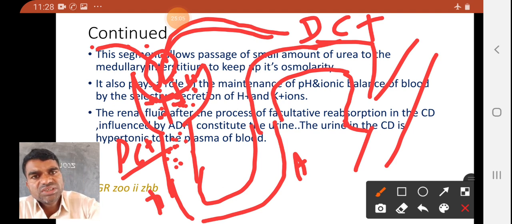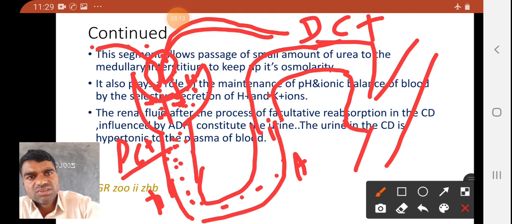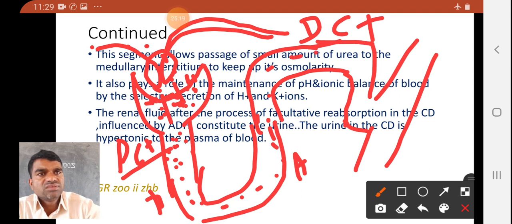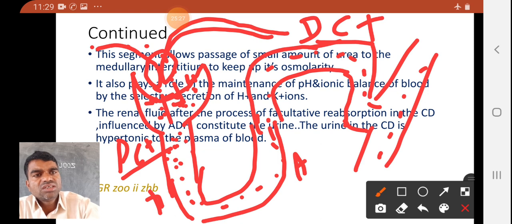From this region PCT, it is now reaching into the DCT part. From the PCT it goes to the descending limb, from the descending limb to the ascending limb, to the DCT, distal convoluted tubule. From the distal convoluted tubule to the CD collecting duct, and through it, it is now going into the urinary bladder.